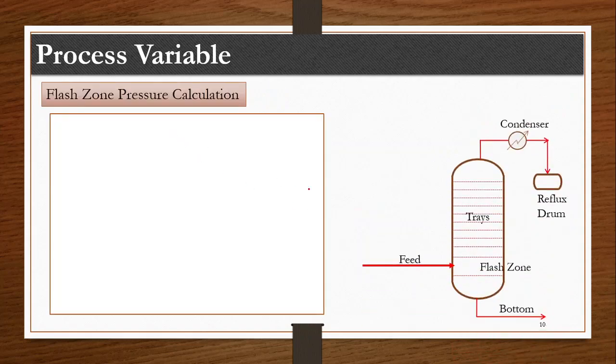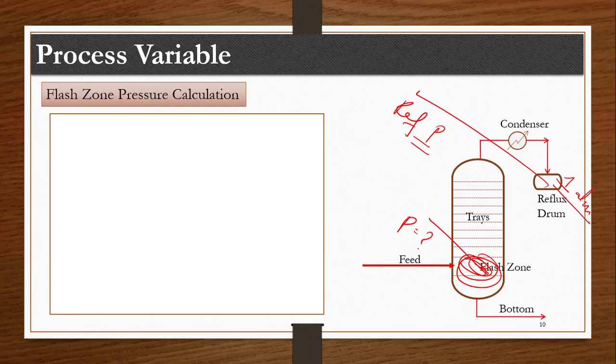For example, this is a simple diagram for the atmospheric distillation column. This is the flash zone, so this is our target. We have to find out the pressure in this section, and our reference pressure is always the reflux drum, say 1 atmospheric pressure. So there is always a pressure drop continuously.